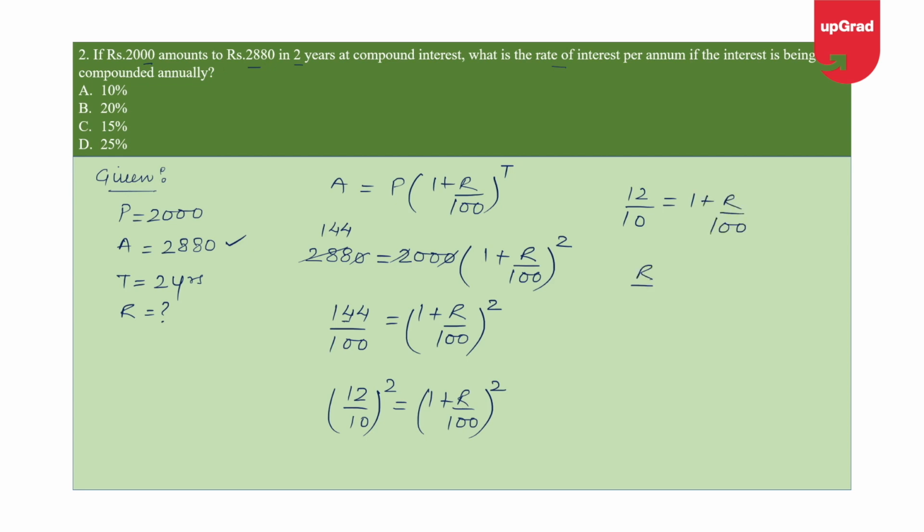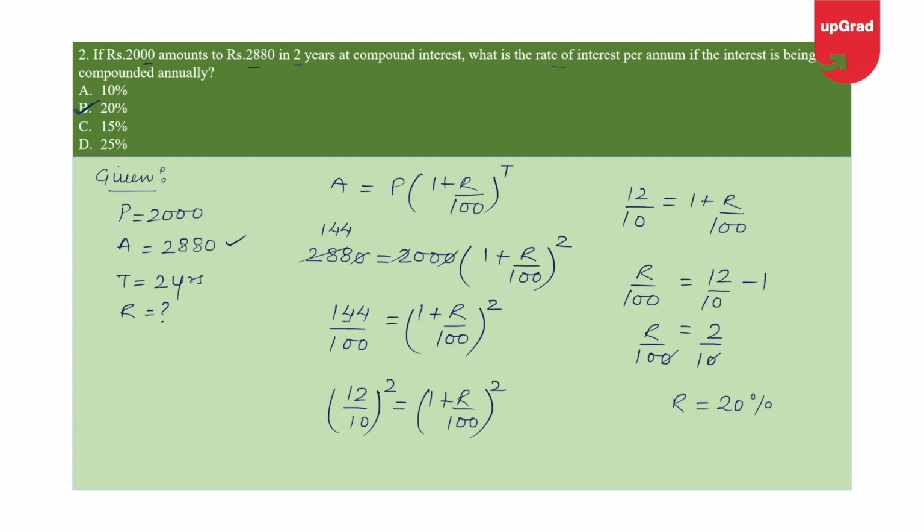Upon calculation, r by 100 gives me 12 by 10 minus 1, which is 2 by 10. I am deliberately not removing the values in the denominator so that I can cancel it later on. Okay, so my value for R becomes 20%, and that's my answer to the question, which is option number B.